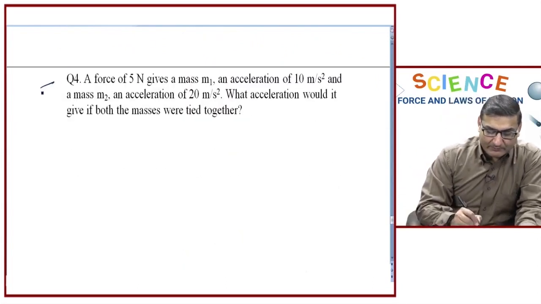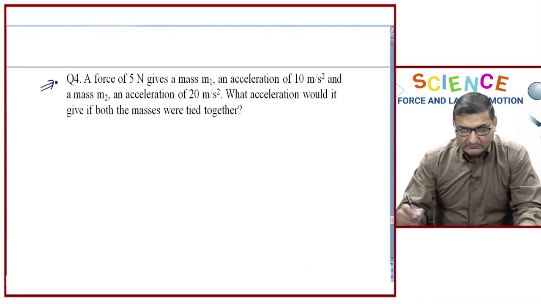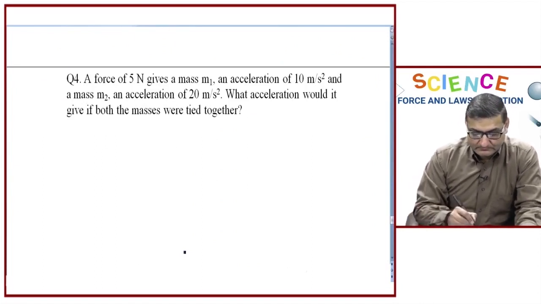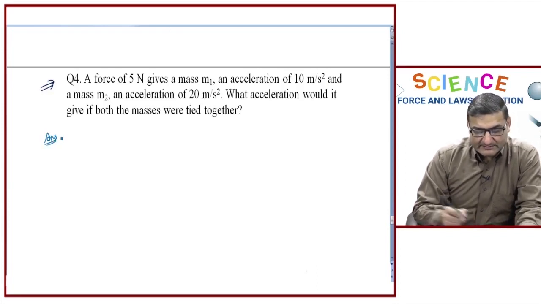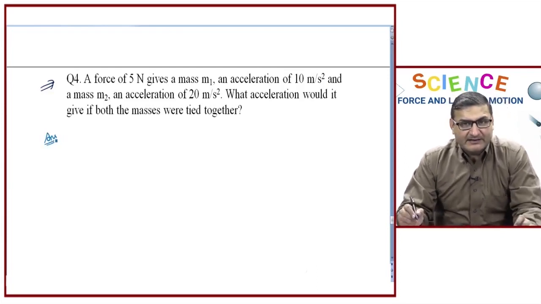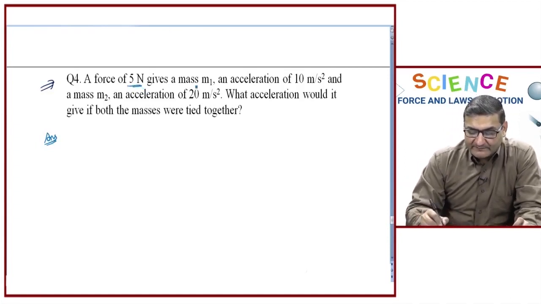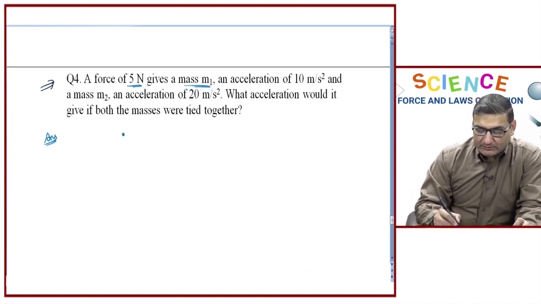Now this is a quite important question. This has come many times in the examination. Please try to relate. It's very simple, but we need to just relate what the language of the question is. A force of 5 Newton gives a mass m1. We are not given the actual mass.